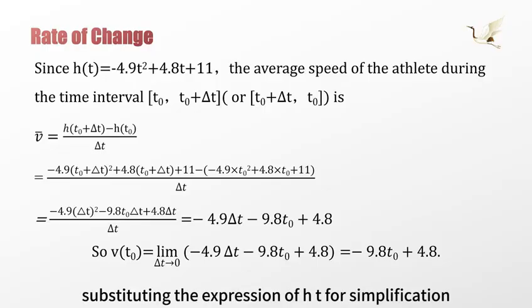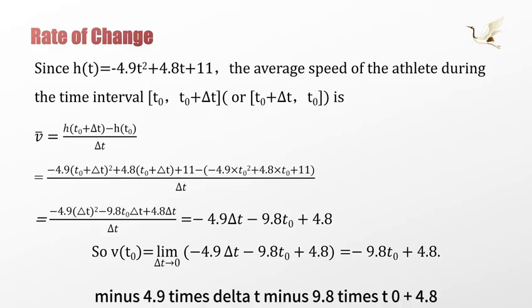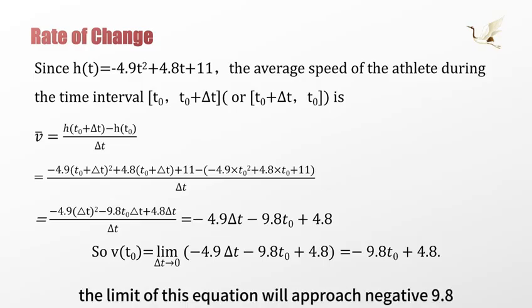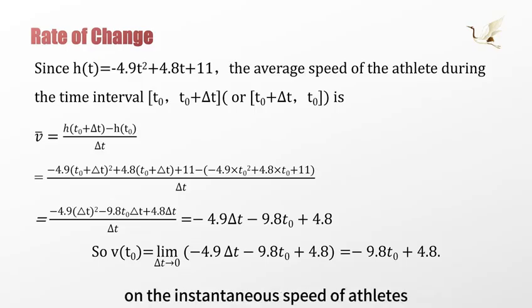Substituting the expression of h(t) for simplification, the following result is obtained: -4.9 times delta t minus 9.8 times t0 plus 4.8. When delta t approaches 0, the limit of this expression is -9.8 times t0 plus 4.8. So we obtained that the athlete's instantaneous speed at t0 is -9.8 times t0 plus 4.8. We have completed the study on the instantaneous speed of athletes.